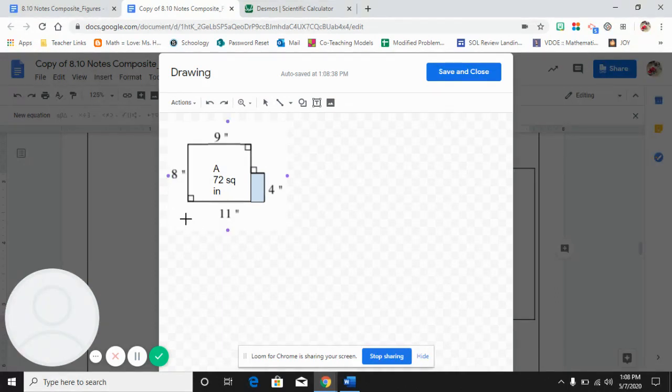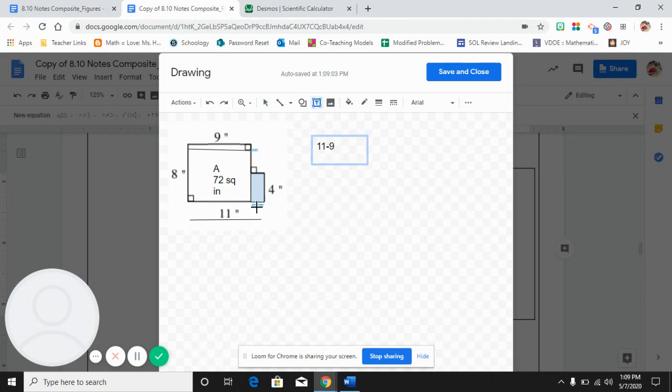Well, if this whole length is 11, and we know that this much of it is 9, how much would be left over to get from 9 to 11? So we could think about it maybe by subtracting 11 minus 9, or we might just be able to think of what do I need to add to 9 to get to 11?